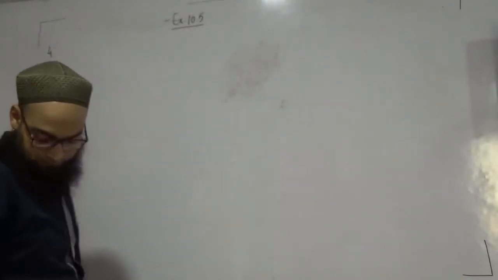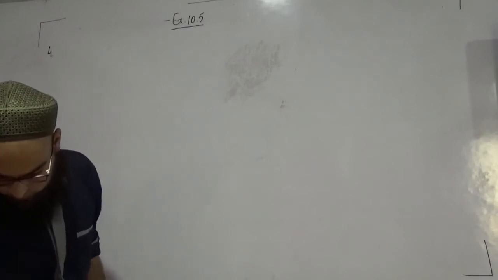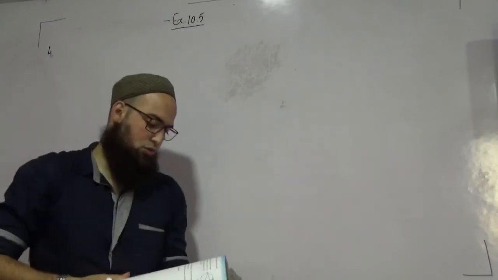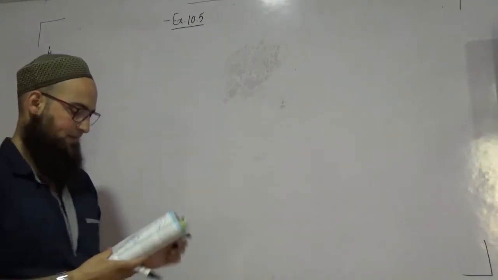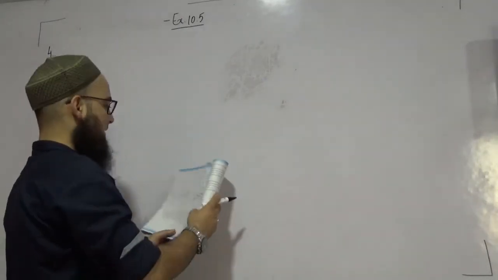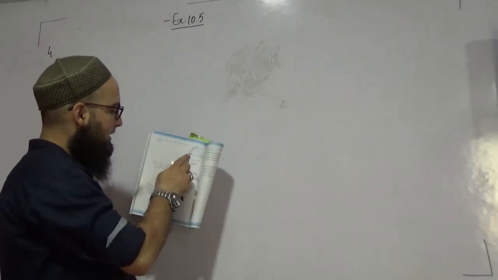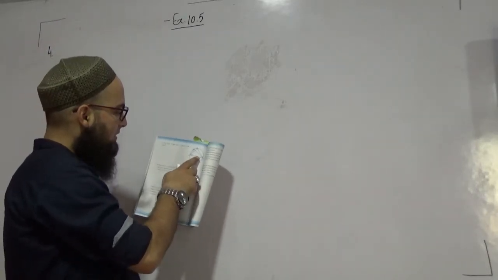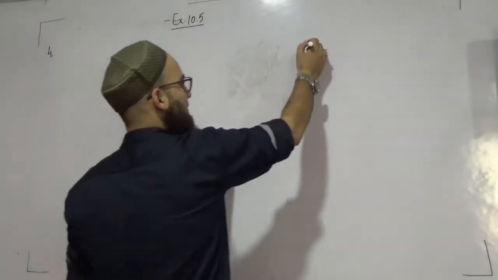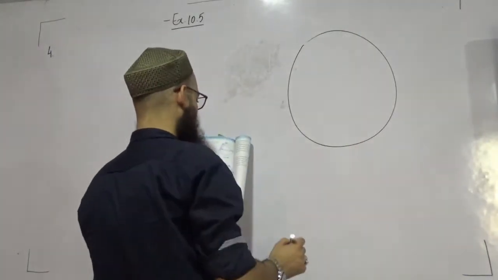Now let's have the next question, question number 4. Angle ABC is 69 degrees, angle ACB is 31 degrees. I'll give you some idea about this.